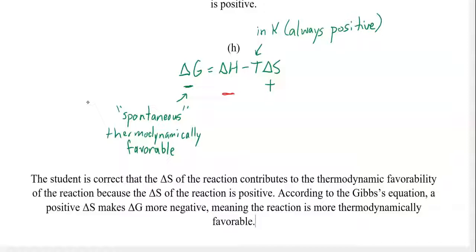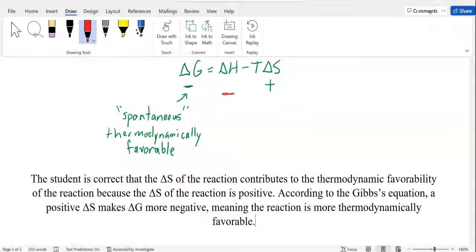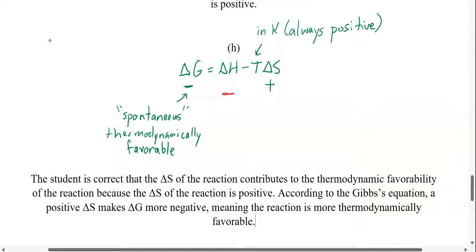If that's positive, it makes delta G more positive. Again, a negative delta H does not guarantee the overall process is spontaneous or thermodynamically favorable. Neither does a positive delta S, but they both contribute to the favorability in a favorable way. No pun intended. I'm going to erase this here because delta H is not actually negative. I was just pointing that out as being a favorable condition.